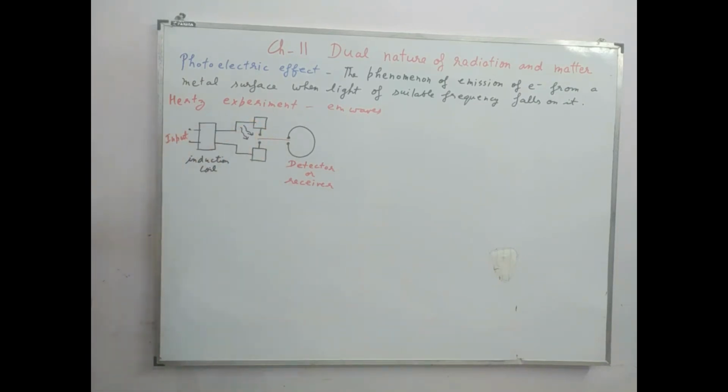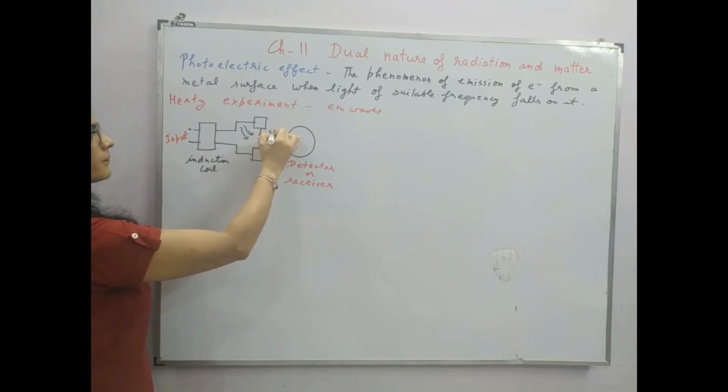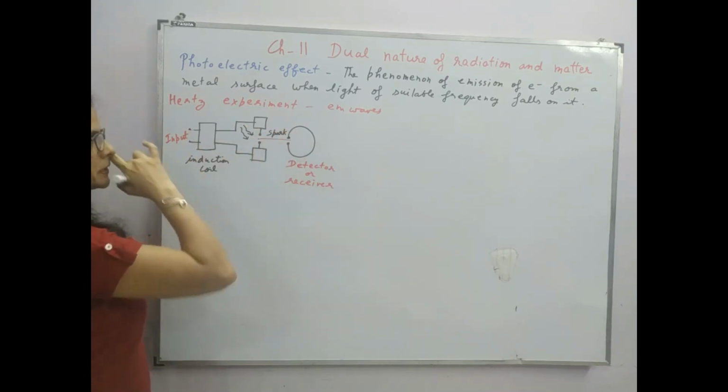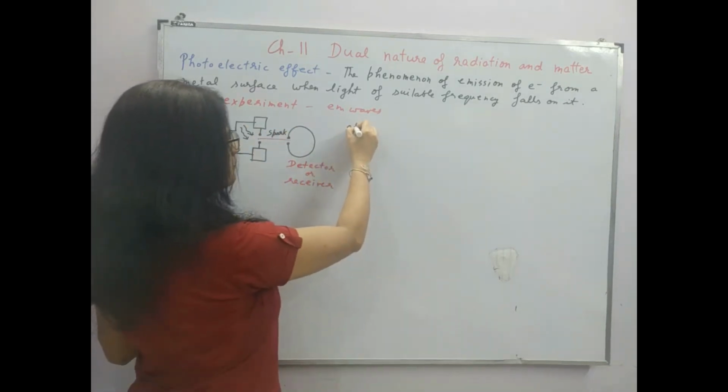It was observed that when UV light is allowed to fall on the emitter plates, the spark passed easily. So what was the observation here?